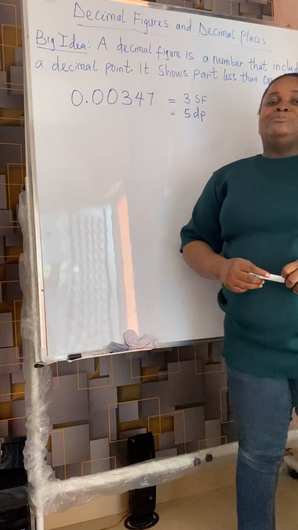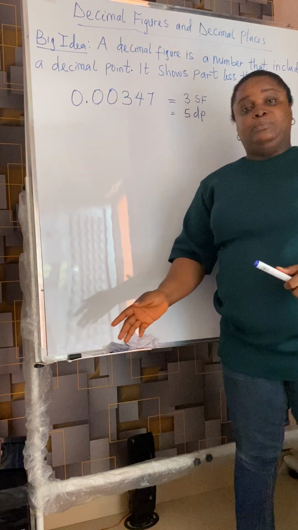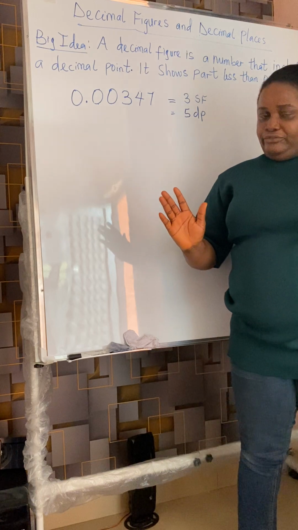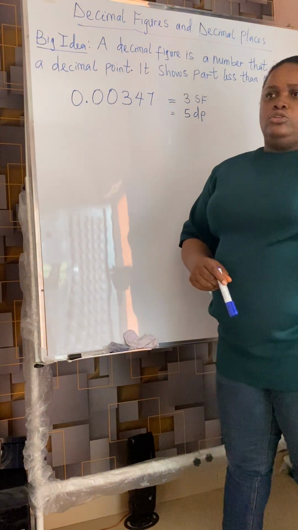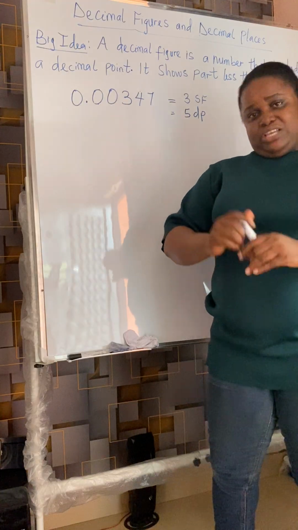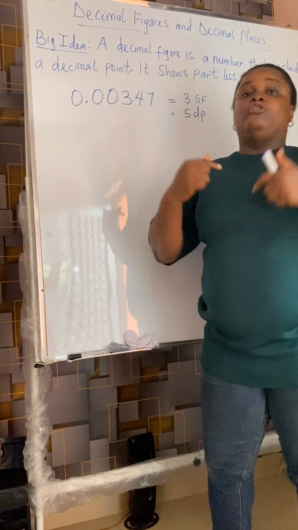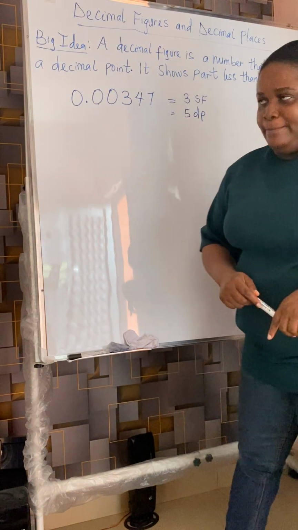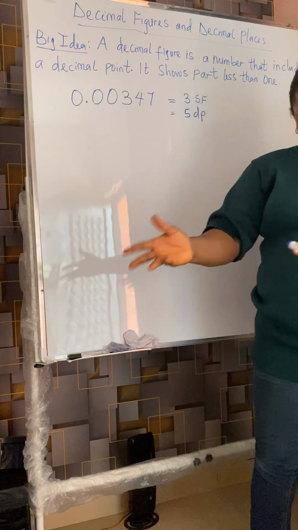Most students, because there are 3 significant figures, will say there are 3 decimal places too, or because there are 5 decimal places, they will say there are 5 significant figures. The number of decimal places does not always translate to the number of significant figures. The significant figure begins from where you have your first non-zero. That's just by the way, to help us learn as we proceed.